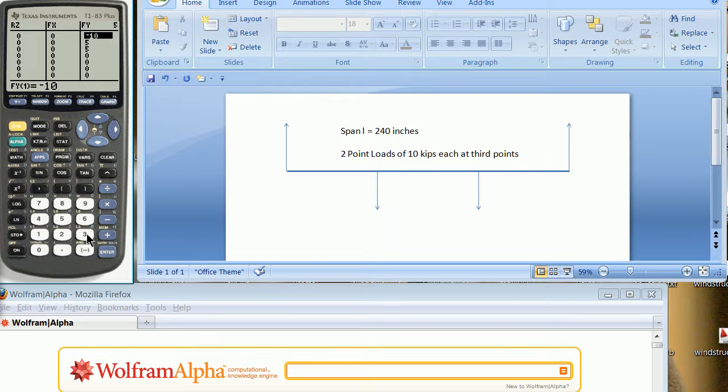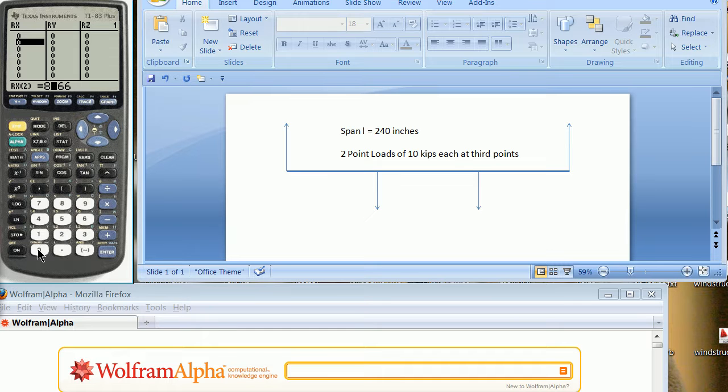If we think about this as a force upwards of 10, and nothing in the x, at 6.66, if this is 240, divided by 3 is 80.